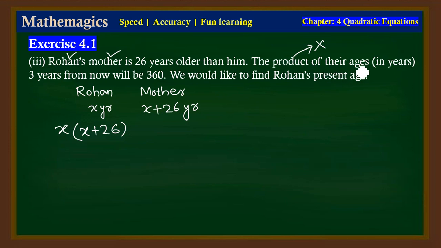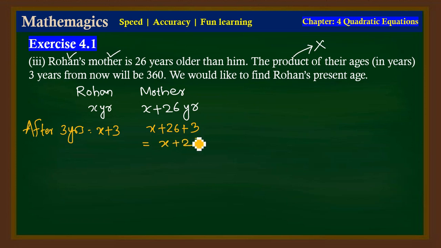The product of their ages 3 years from now means after 3 years. The age of Rohan will be x plus 3 and the mother's age will be x plus 26 plus 3. That can be written again as x plus 29, since 26 plus 3 becomes 29.